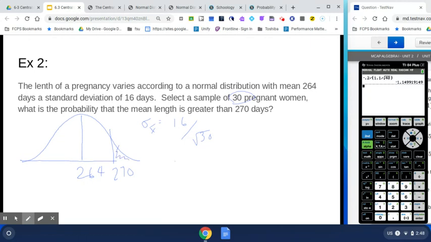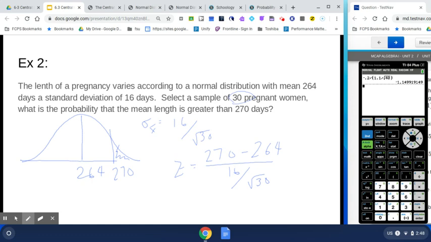Let's convert that sample mean into a z-score. So 270, the sample mean, minus the population mean of 264, divided by the standard deviation of sample means, 16 divided by the square root of 30. That standard deviation of sample means is also referred to as the standard error.